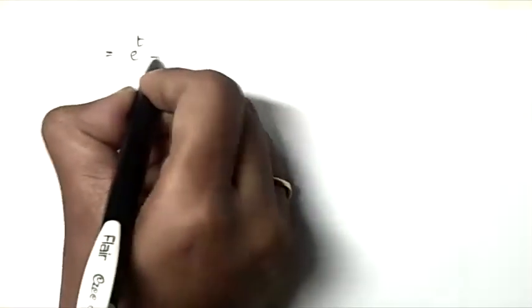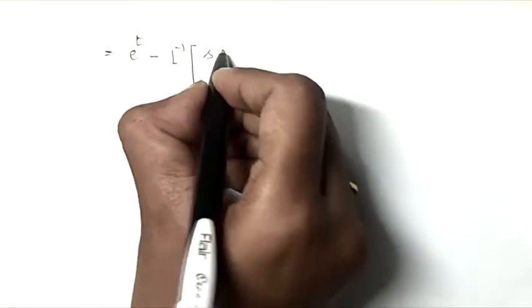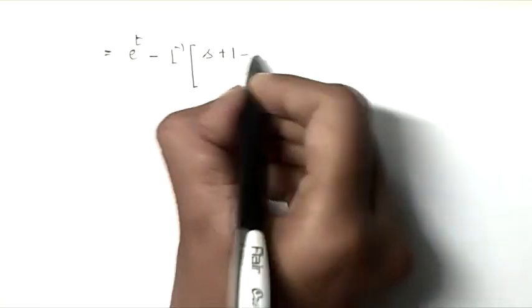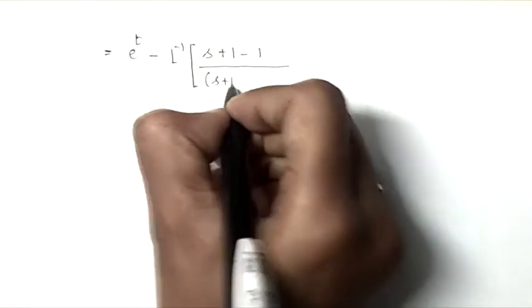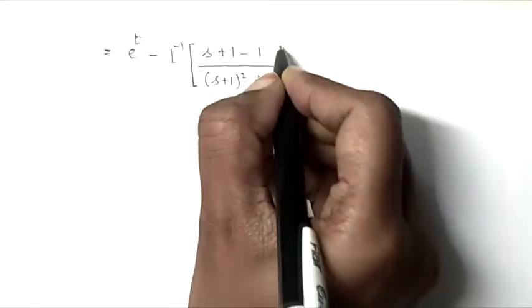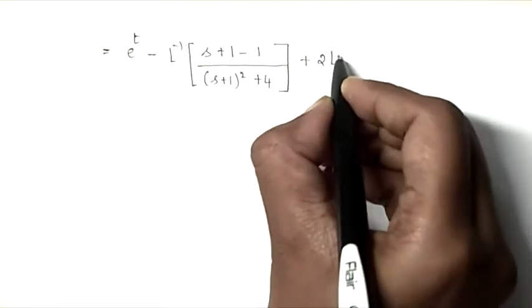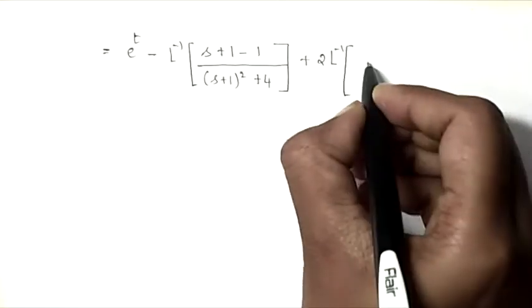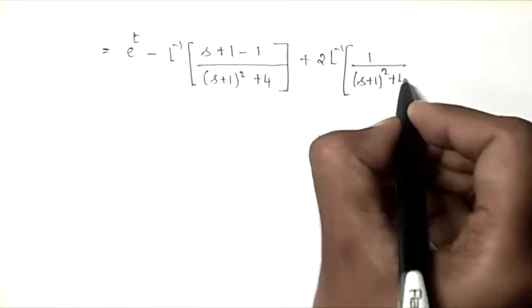So this will make it equal to e power t minus L inverse of (s plus 1 minus 1) divided by ((s plus 1) the whole square plus 4), that was the bracket, plus 2 times L inverse of 1 divided by ((s plus 1) the whole square plus 4).